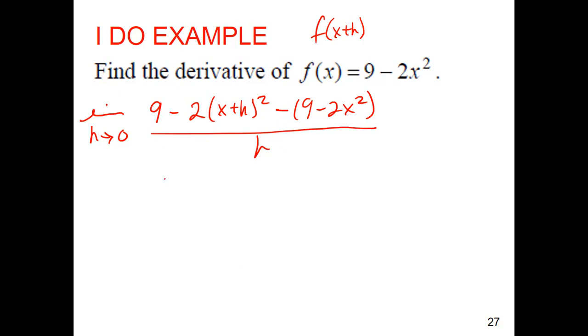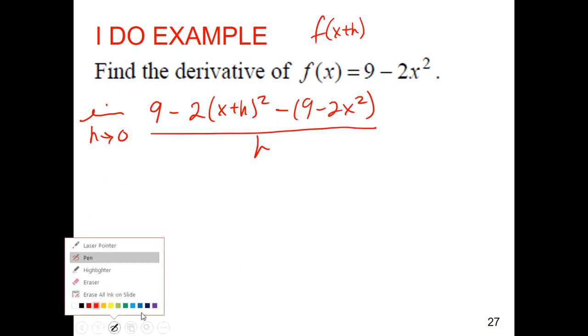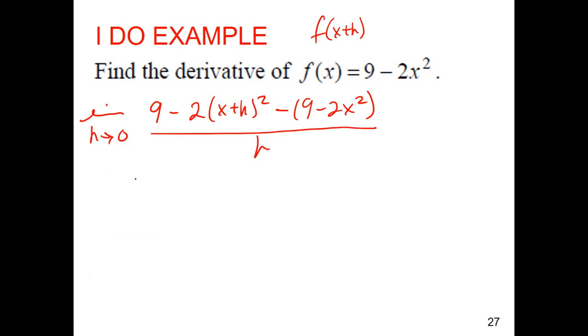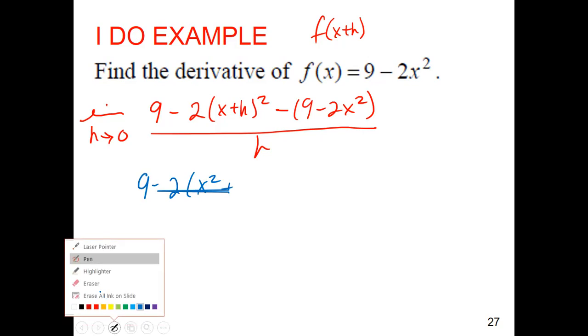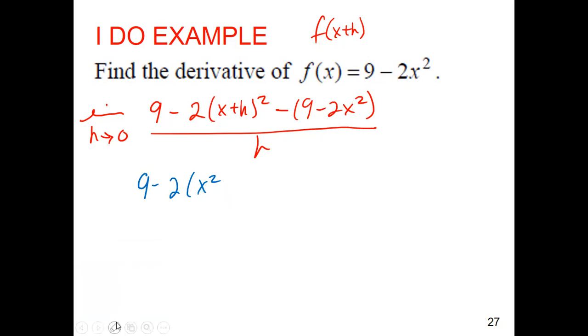Now your job is to simplify until you can't anymore. So we're left with 9 minus 2 times x squared plus 2xh plus h squared minus 9 plus 2x squared.